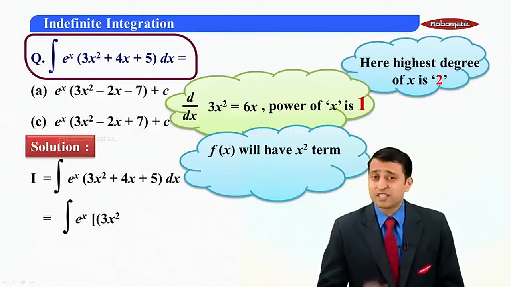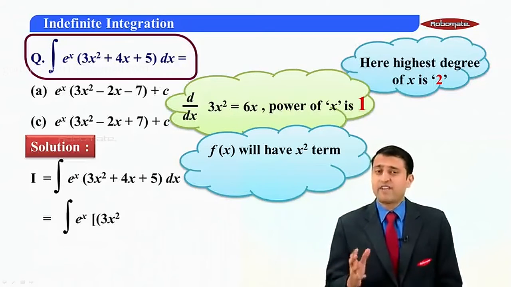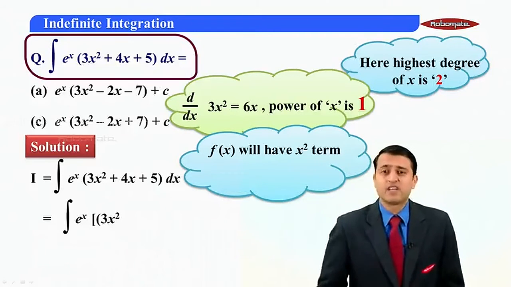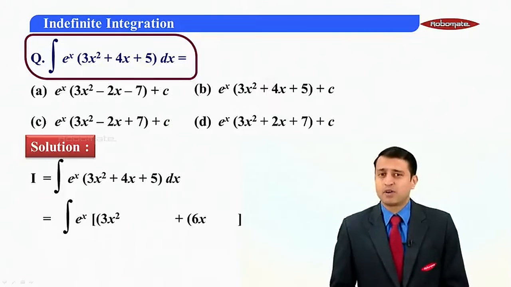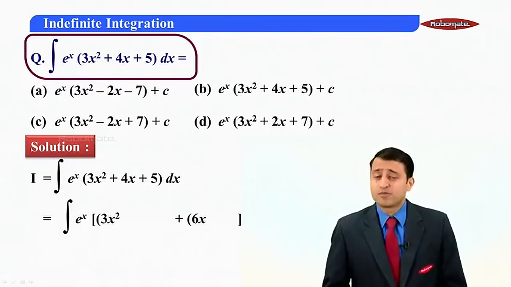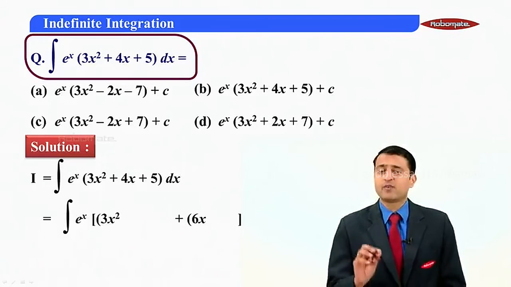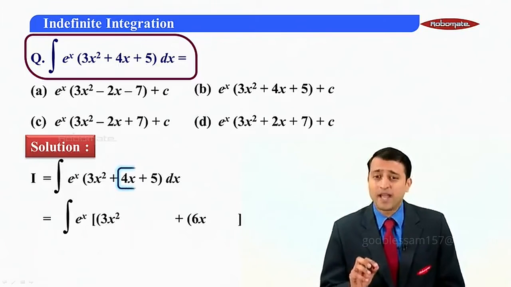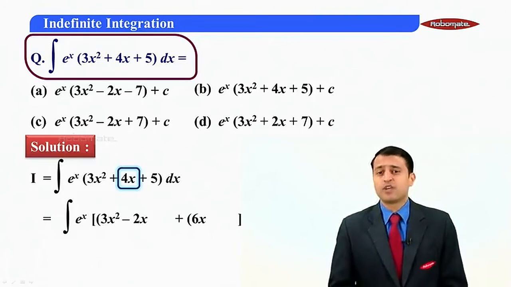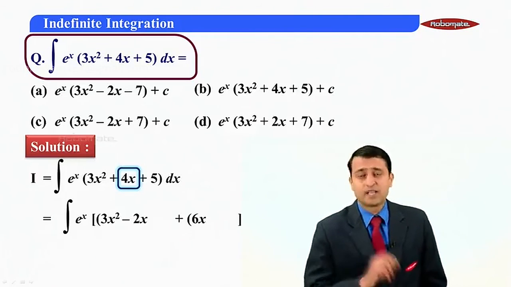Now, if f of x is having 3x square, f dash of x should have its derivative, which is nothing but 6x. So, let us write 6x as a part of f dash of x. But if you observe, in total we have only 4x with us. So, what we have to do is a minus 2x. Because we have only 4x with us, we do a minus 2x.